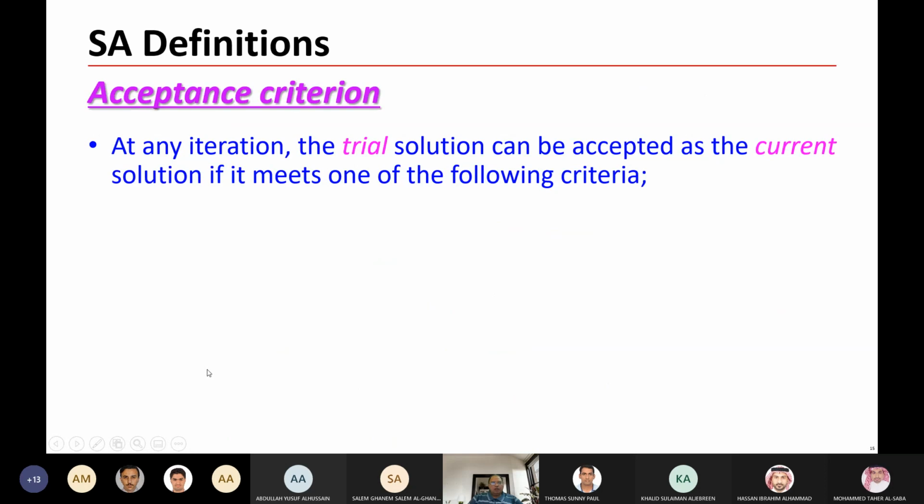Now we need to, in the physical annealing, we are increasing the temperature at the beginning. This is the heating up process or heating up stage. Up to which temperature we can go up?